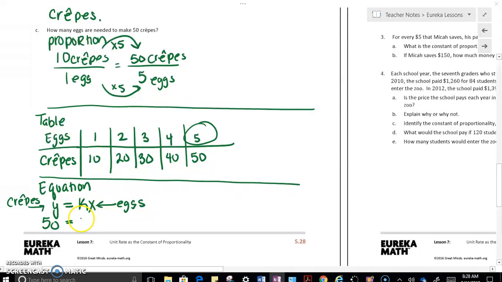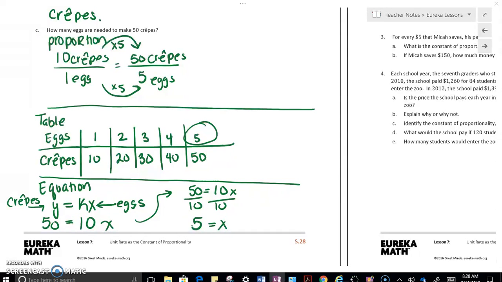We know our constant of proportionality is k, which is 10. And we're trying to find how many eggs, which is x. Divide by 10, both sides, and x is equal to 5.